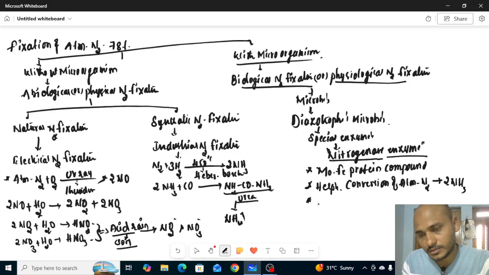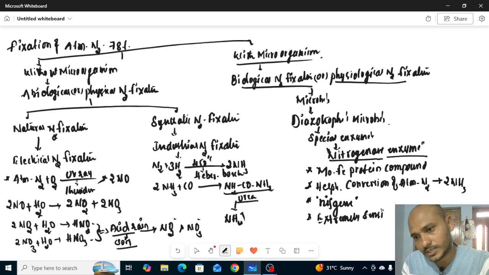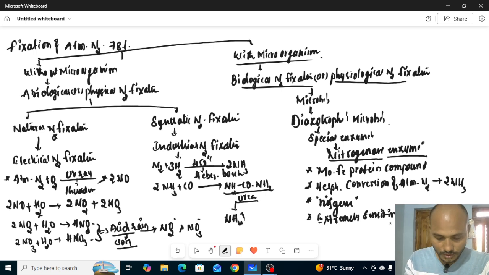And the most important thing is, this enzyme is extremely sensitive to oxygen. Hence there is an oxygen scavenger. To protect the nitrogenase enzyme from oxygen, a protein is formed which acts as an oxygen scavenger, that is leghemoglobin.